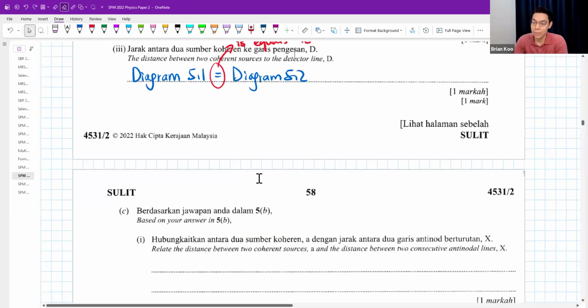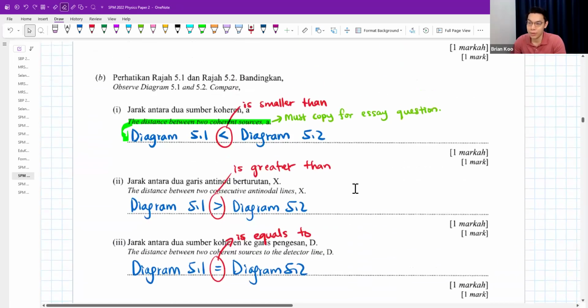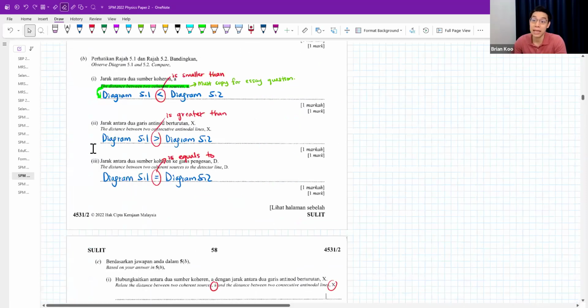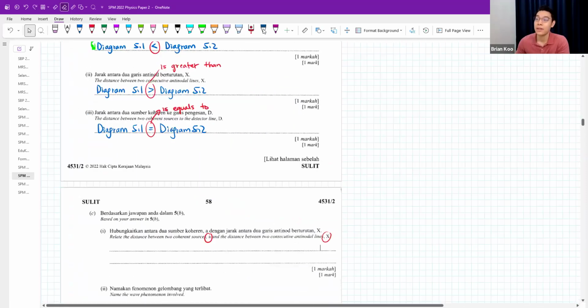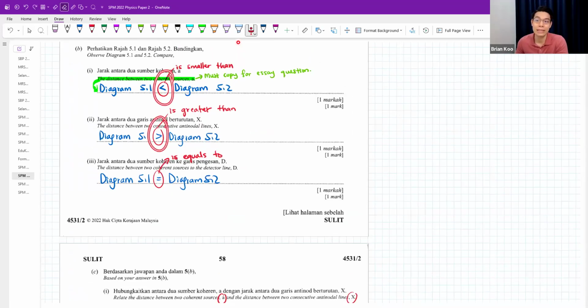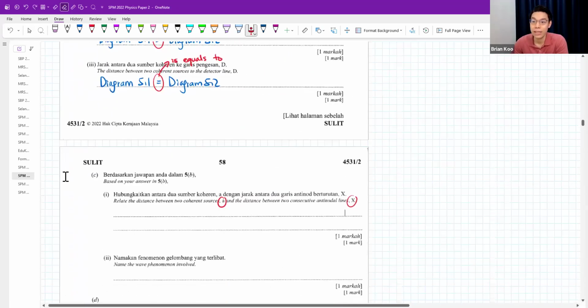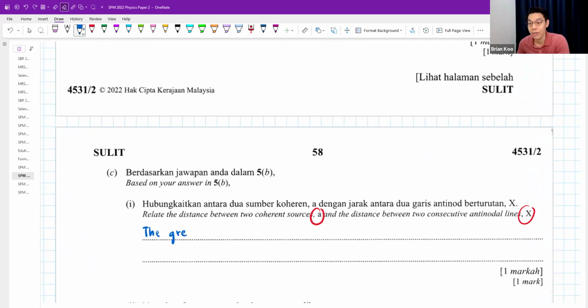So part C, they ask: relate the distance between two coherent sources A and the distance between two consecutive antinodal lines X. Because they did give you the symbols, if you write the symbols, it is accepted. For example, you saw that if the A is smaller, then the X is bigger, right? So if you write something like, the greater the A, the smaller the X, can they accept?